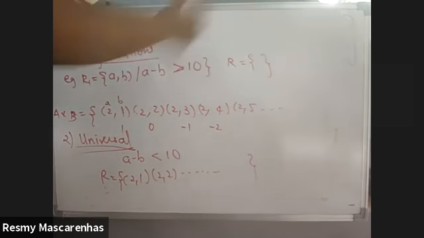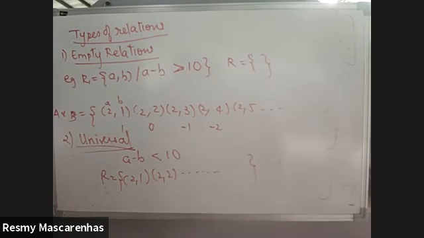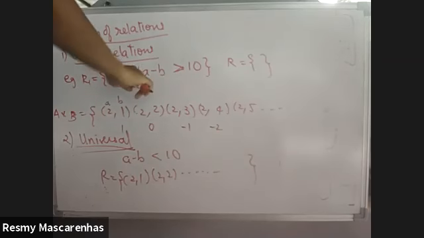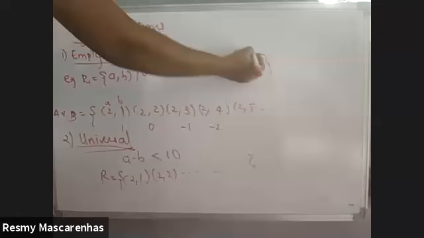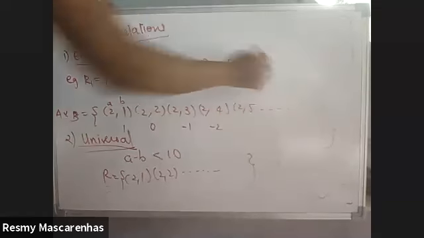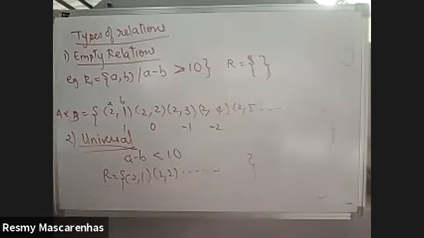So there is something called empty relation which also exists. This is only an example of an empty relation. They will not ask you to define it as such. You only should know that you can write the answer as empty also. These are just some terms which you will come across.